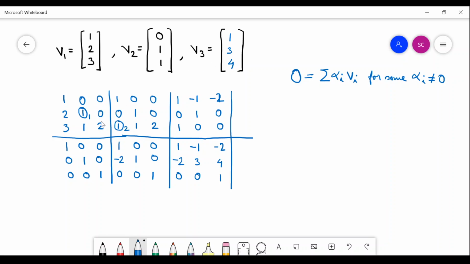But you can do the column operation and see whether this relationship comes out or not from this operation.